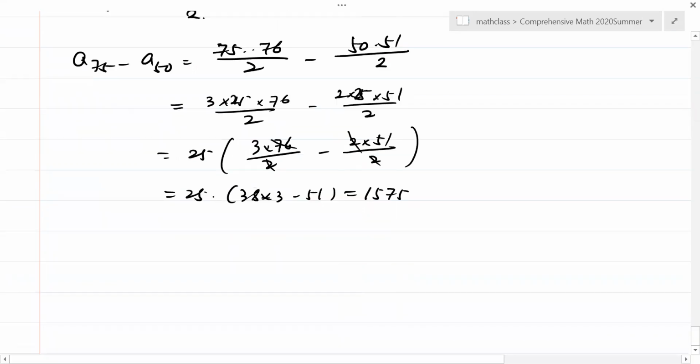All right, so let's look at another problem, a geometric one.